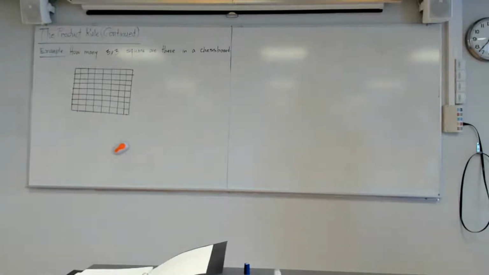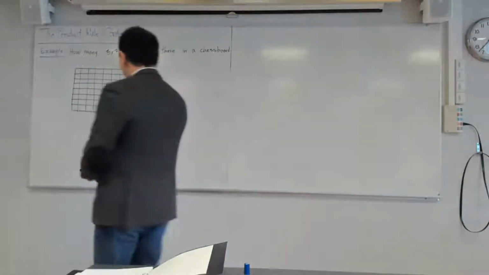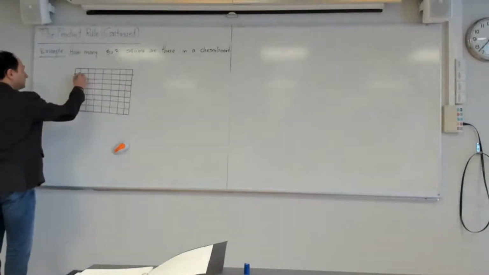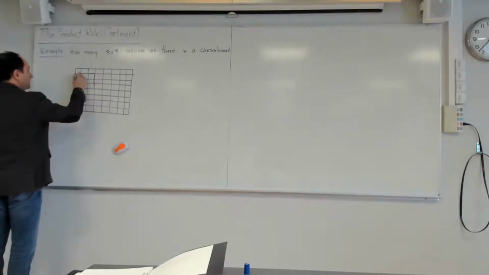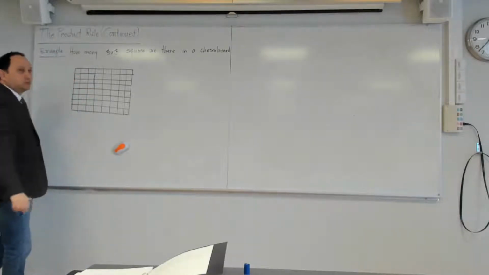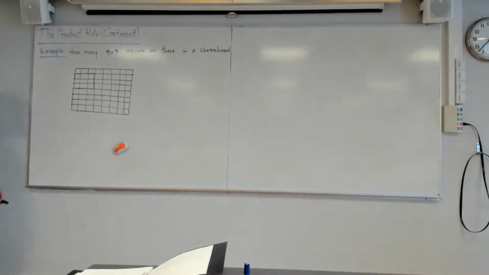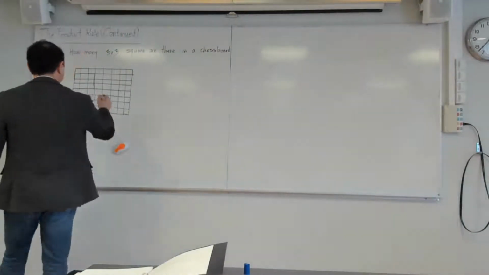We want to count how many 3 by 3 squares there are in this 8 by 8 chessboard. So for example, this is one of those, yes? This is a 3 by 3. Or I can have this one, for example.